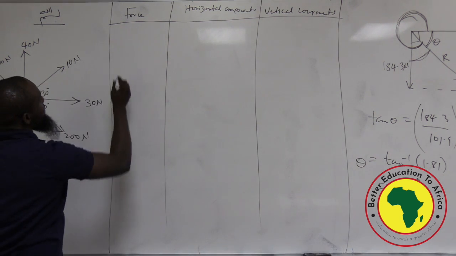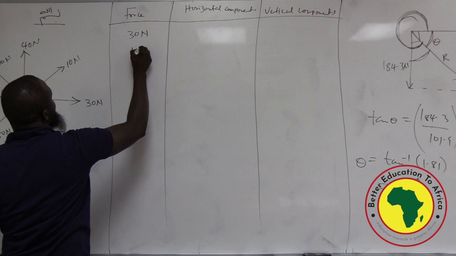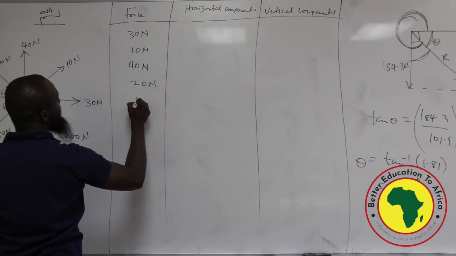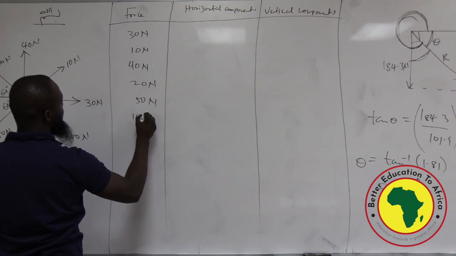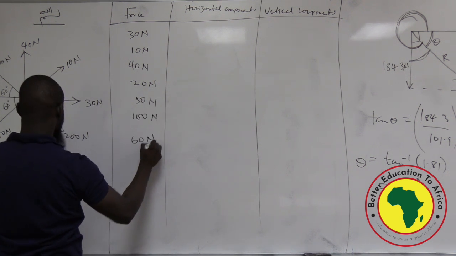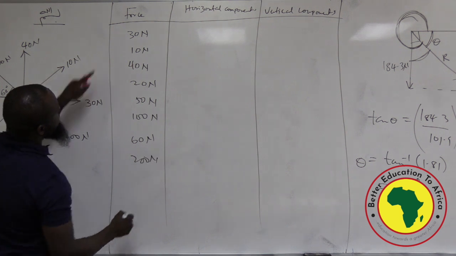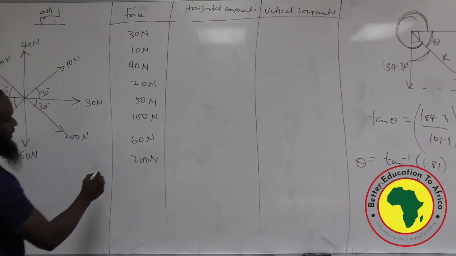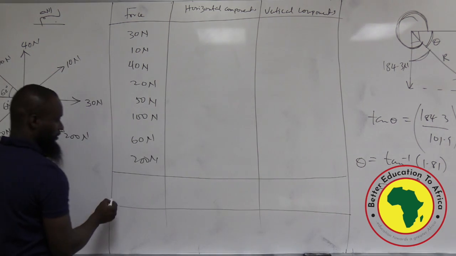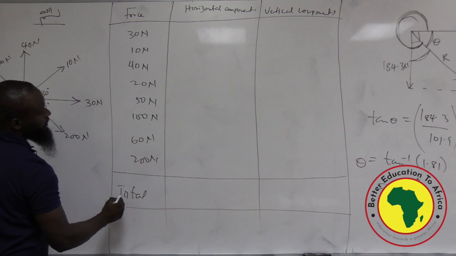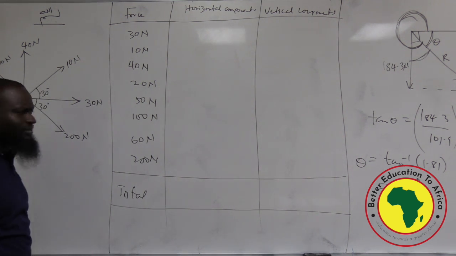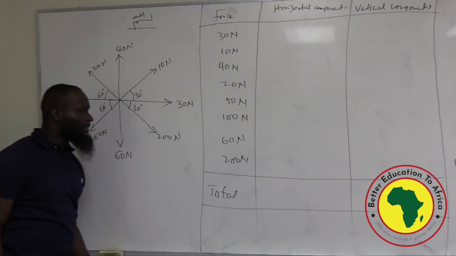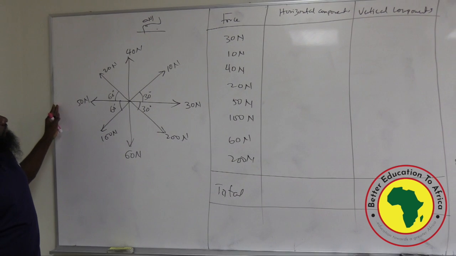So we start from the first one and write all of them out: 30 newtons, 10 newtons, 40 newtons, 20 newtons, 50 newtons, 100 newtons, 60 newtons, 200 newtons. That's 1, 2, 3, 4, 5, 6, 7, 8. And here we draw a line and we say total. This is another approach to this. I need this because I'm working from this diagram here, so I want to picture this together.